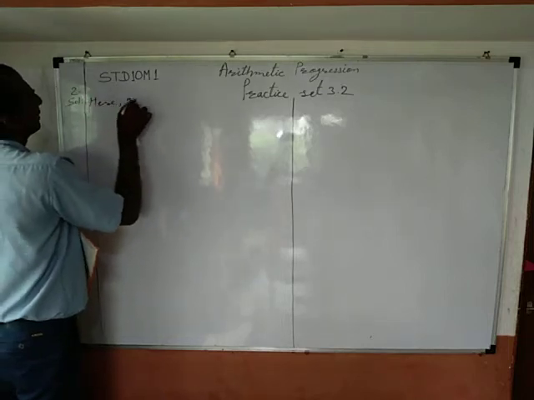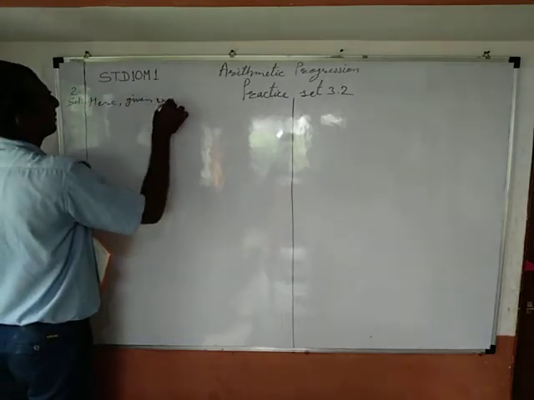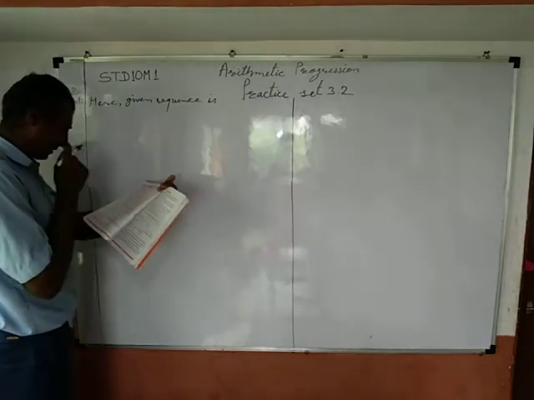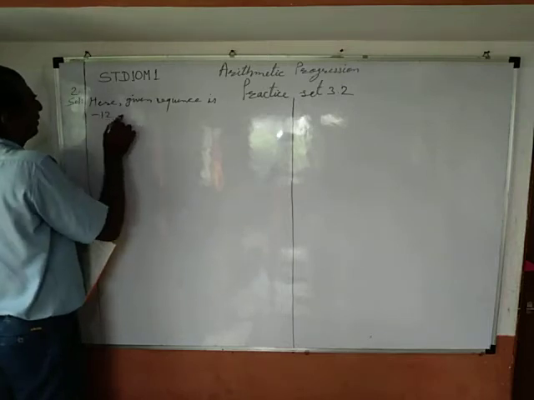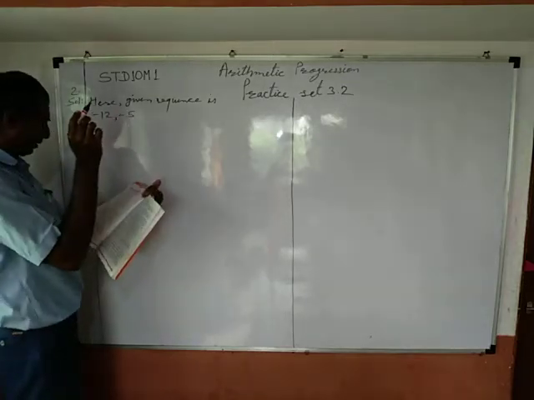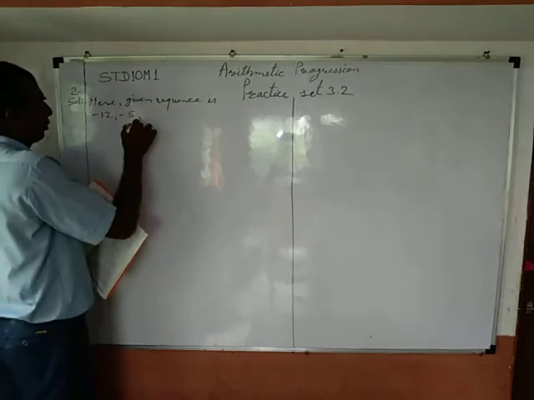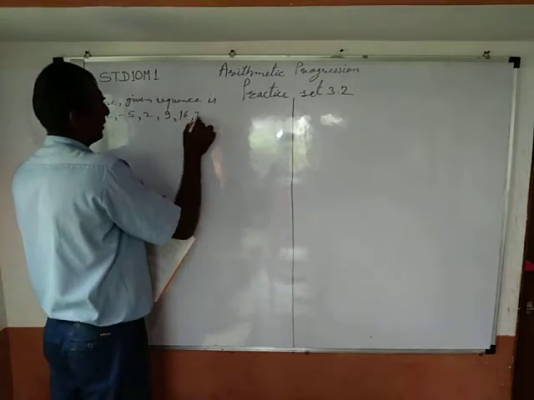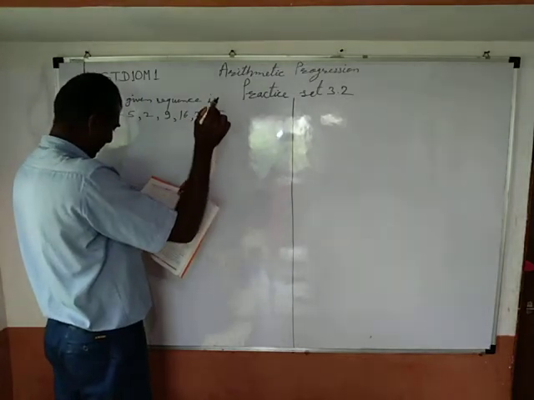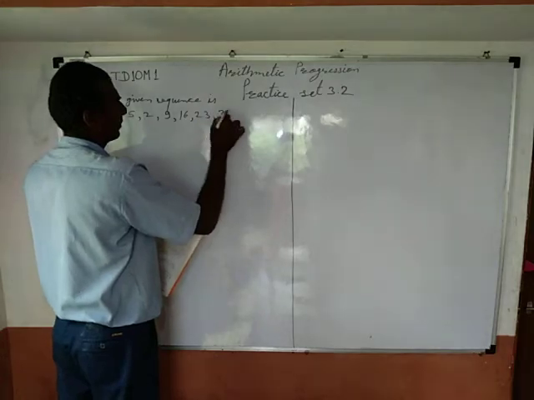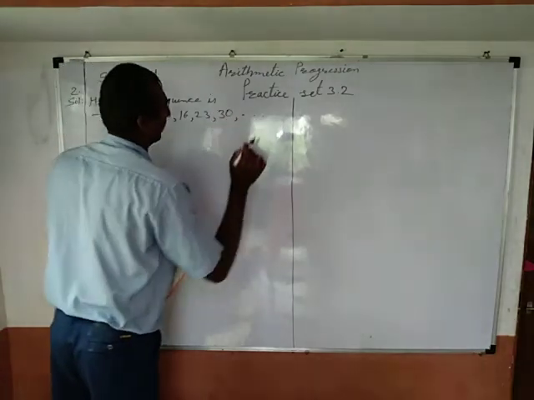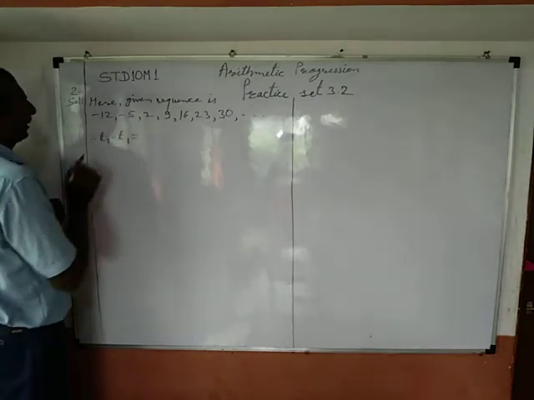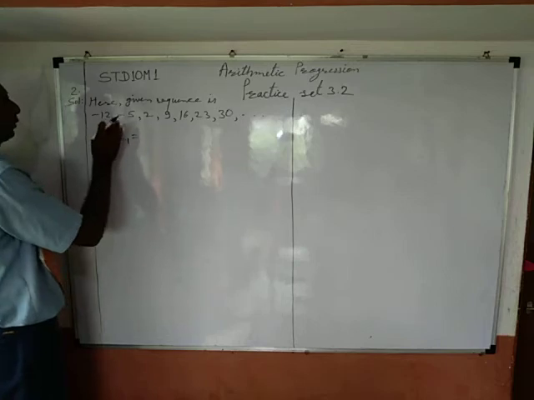Here the given sequence is minus 12, minus 5, 2, 9, 16, 23, 30 and so on.